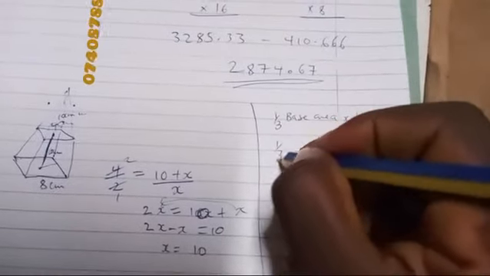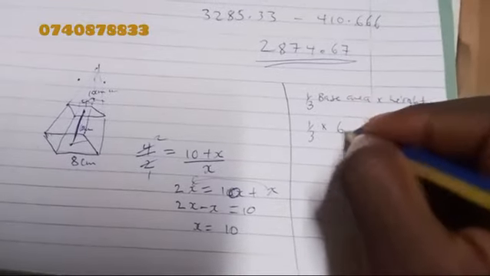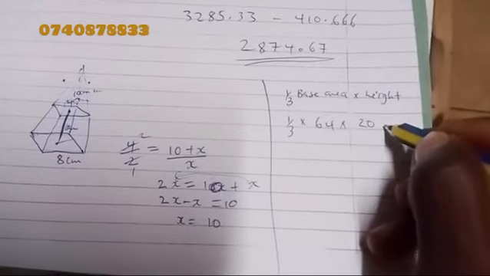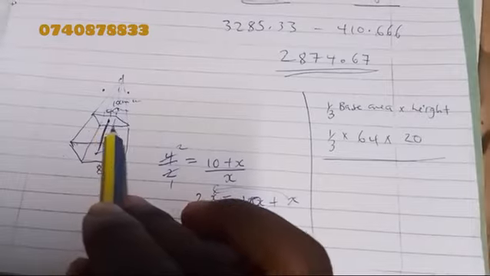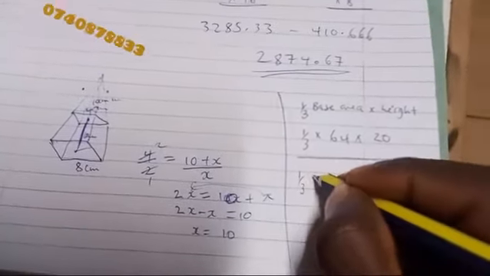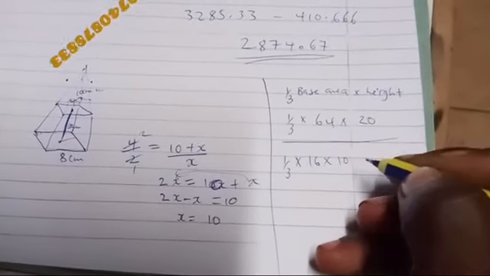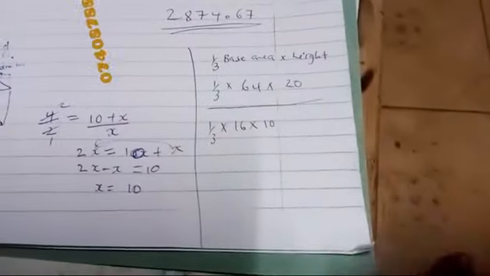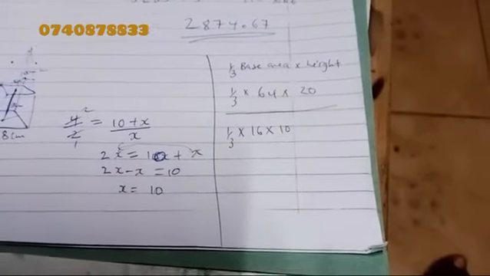So it will be a third times 8 squared, which is 64, times the height, which is 20. Then the volume of the small one that we have excavated will be a third times 4 squared, which is 16, times its height, which is 10. So on multiplying the two, then taking the difference, that's when you are getting the answer directly.